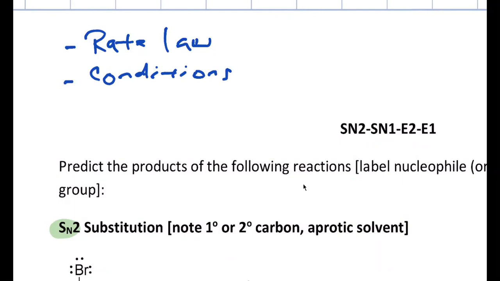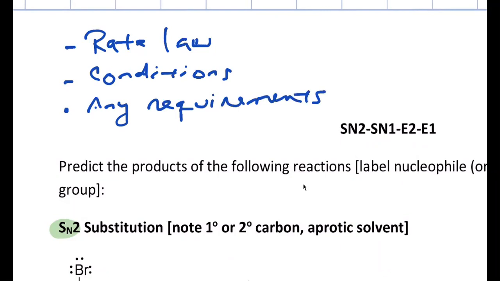We're going to talk about any requirements for the reaction, like for elimination, depending on what type it is, you need a base for one type, and for the other type, you don't need a base. And we're going to talk about how to predict the products.